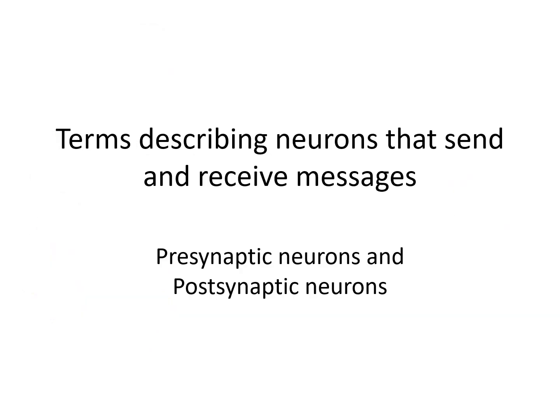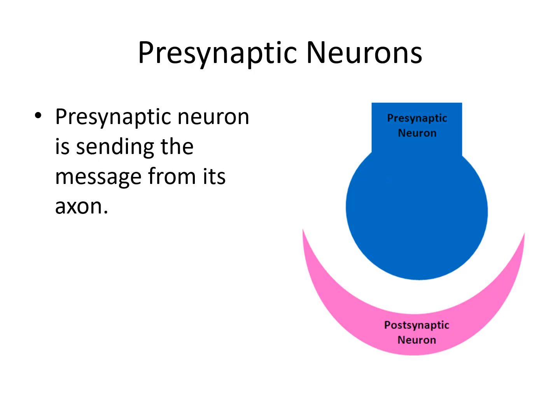Now we have terms that describe neurons that send and receive messages. These terms are presynaptic neurons and postsynaptic neurons. I think you could get a pretty good guess at which one is which. Here's a very simple cartoon from your textbook showing presynaptic and postsynaptic neurons. In blue is the presynaptic neuron, in pink is the postsynaptic neuron.